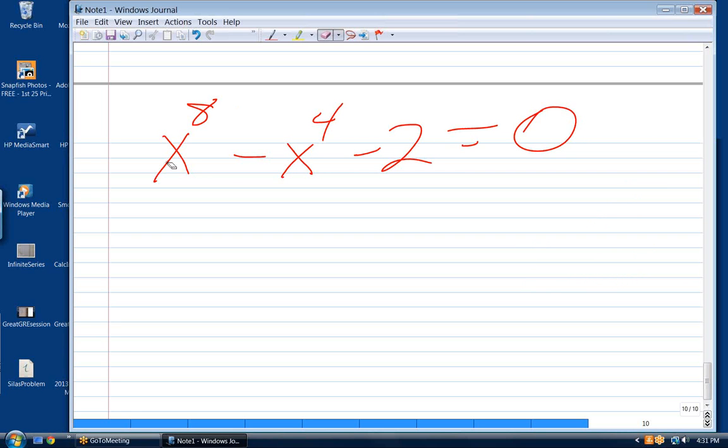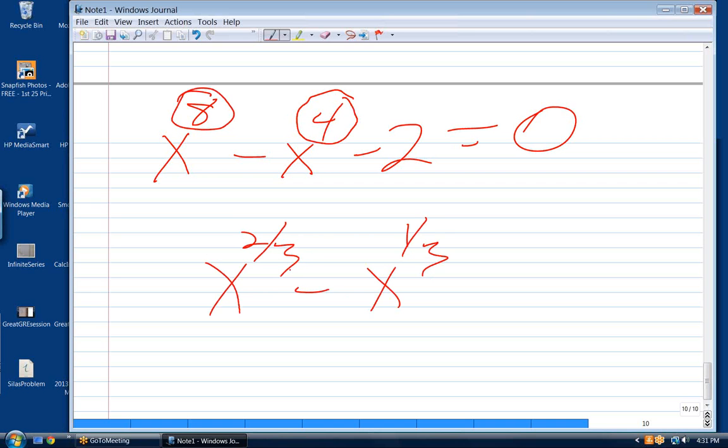But yeah, the key to using substitution to turn a polynomial into a quadratic is that this is always half of that. Notice that when I had x to the 2/3 minus x to the 3rd, I knew that was a quadratic because 2/3 is twice 1/3.